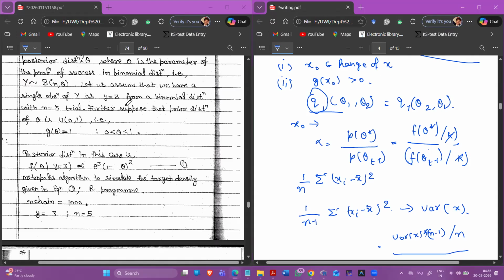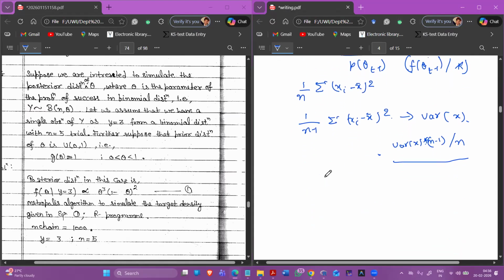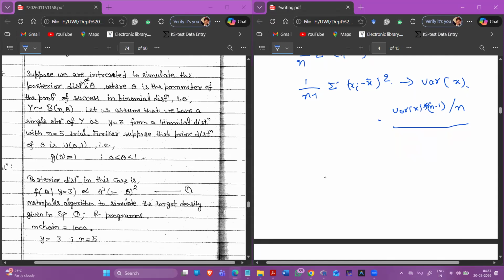So what we are saying here is that y follows the binomial distribution with parameters n and theta, where n equals 5 and y equals 3. So what will be my density here? What will be my PMF?